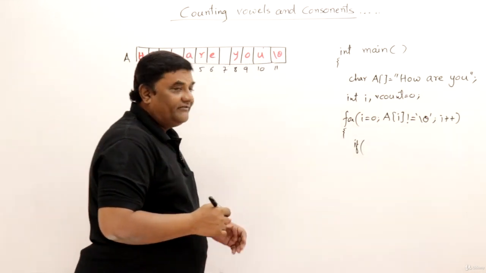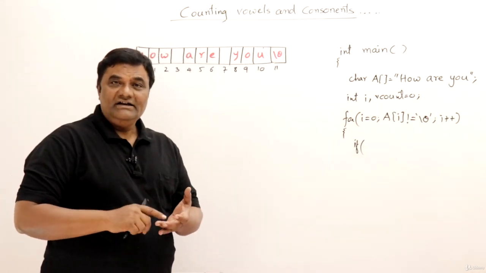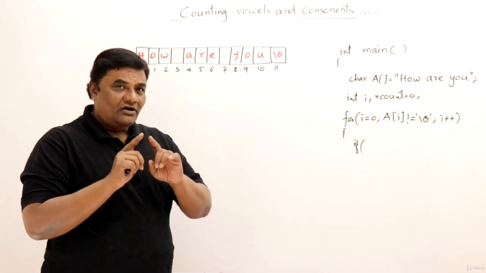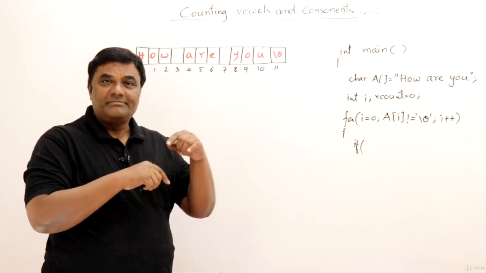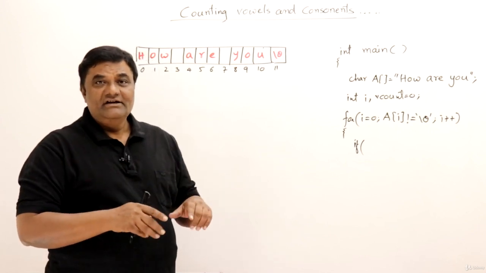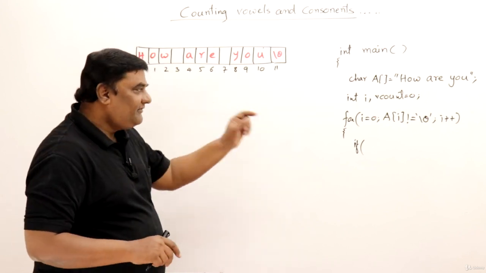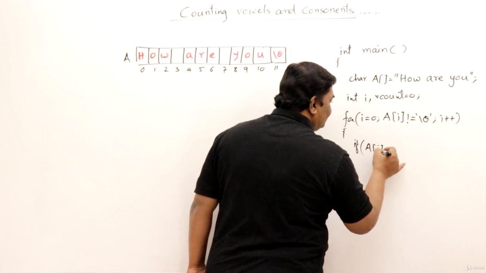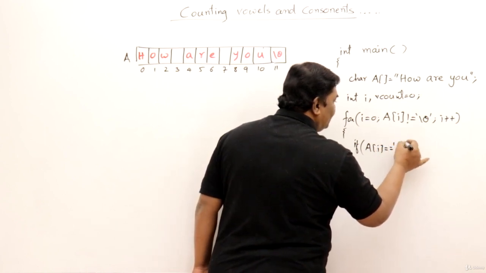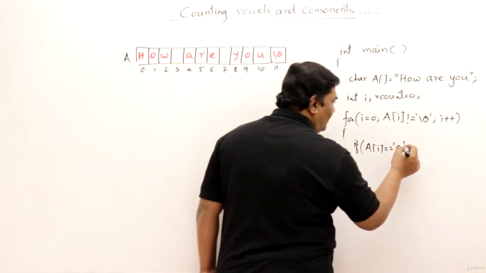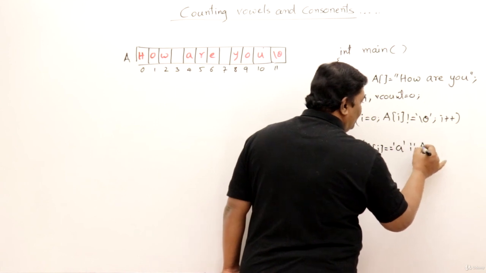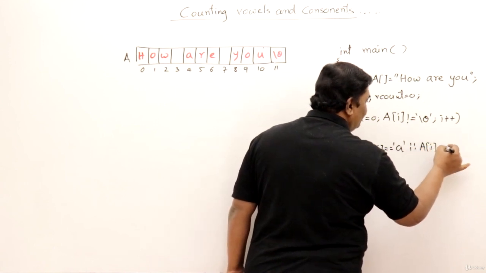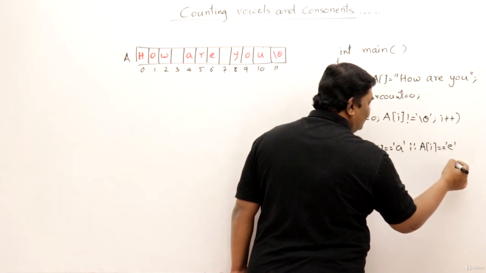So how to check whether it is A or E or I or O, U? Also, it can be uppercase and lowercase. So I have to write so many conditions. I will write a few here, like if A of i is equal to lowercase a, or if A of i is equal to lowercase e.